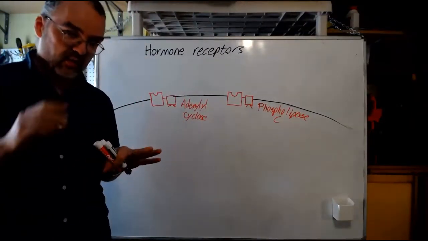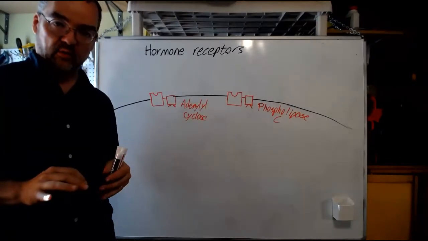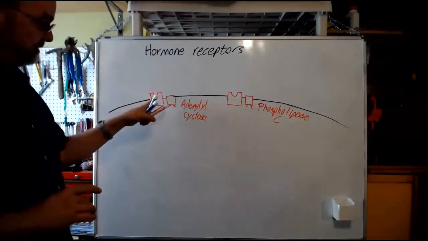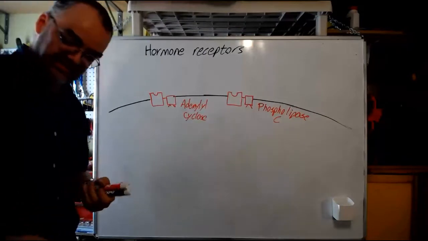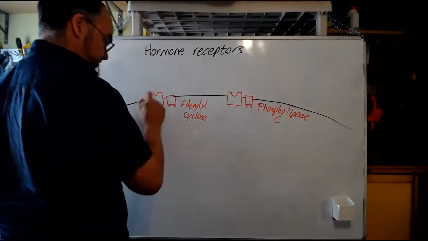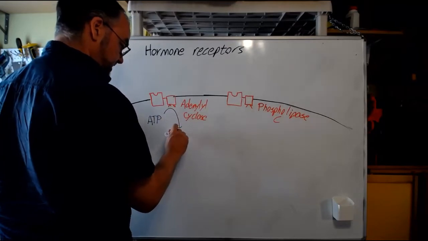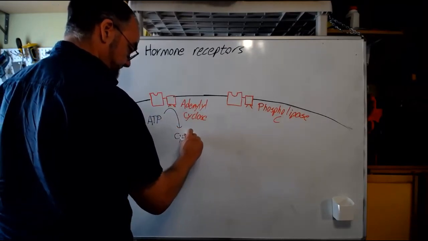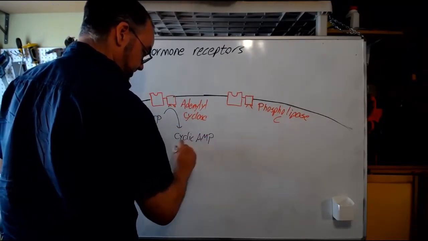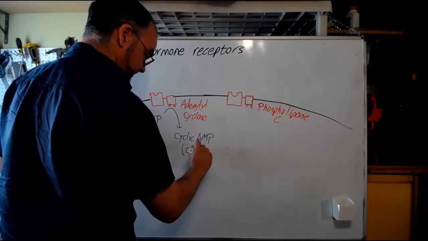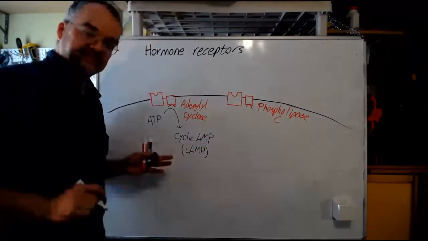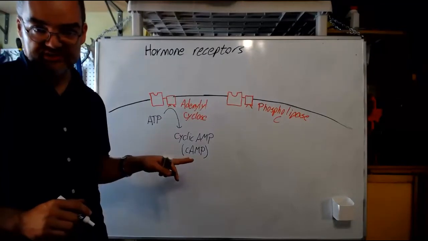So just a really quick overview and a little more information about what those do. If you remember, adenylyl cyclase is an enzyme that turns ATP into cyclic AMP, also known as cAMP. Cyclic AMP is a very common signaling molecule within cells.